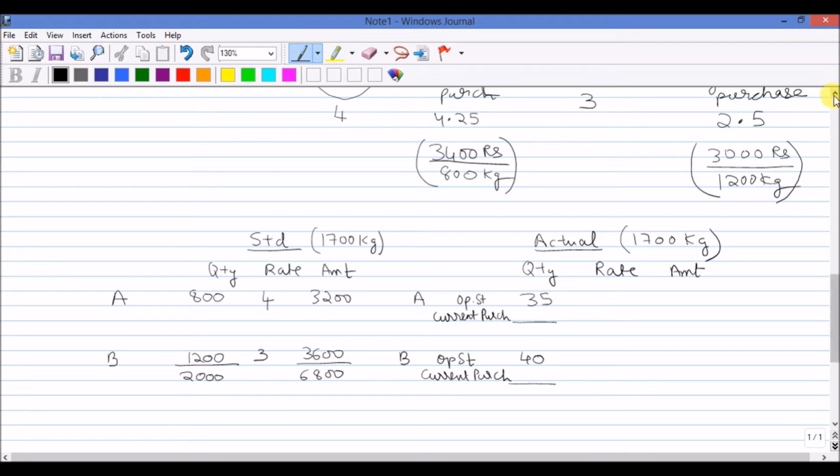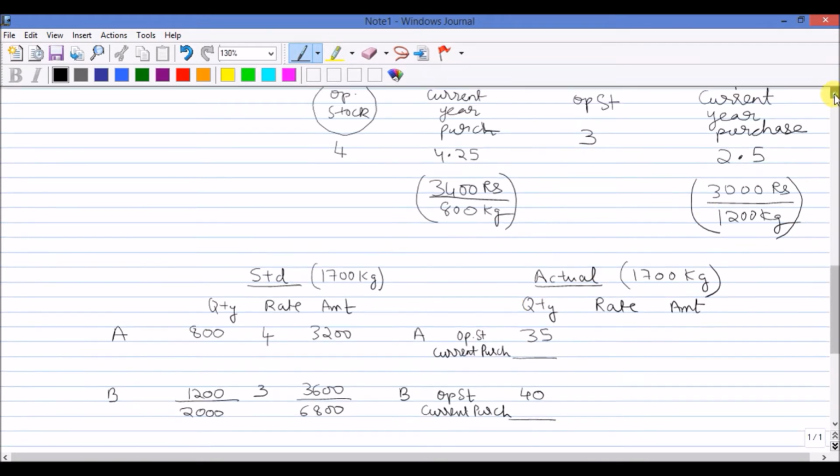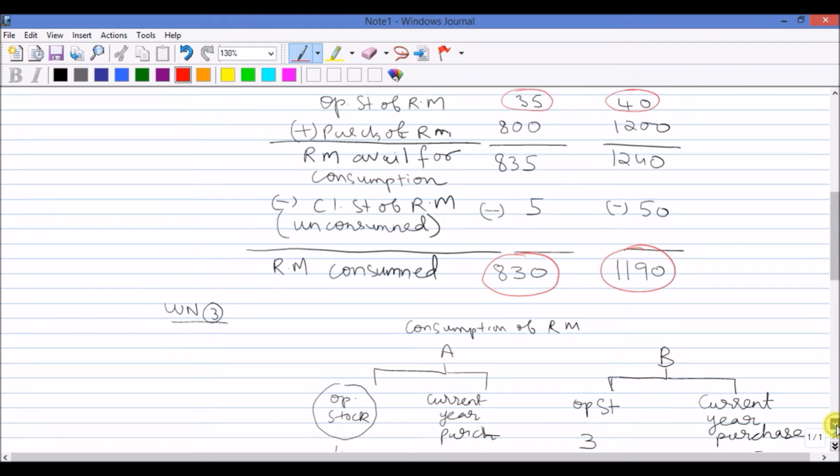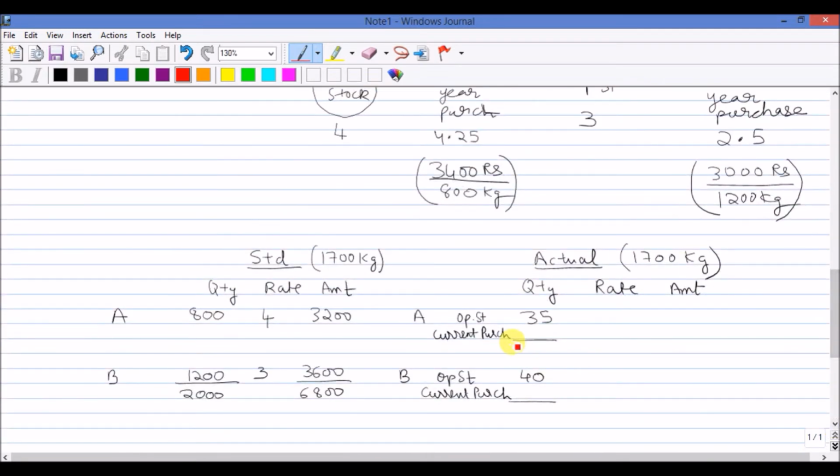The consumption for A is 830 and for B is 1190. So 35 kg is opening stock. What we are going to do is by FIFO. The assumption is FIFO, first in first out.